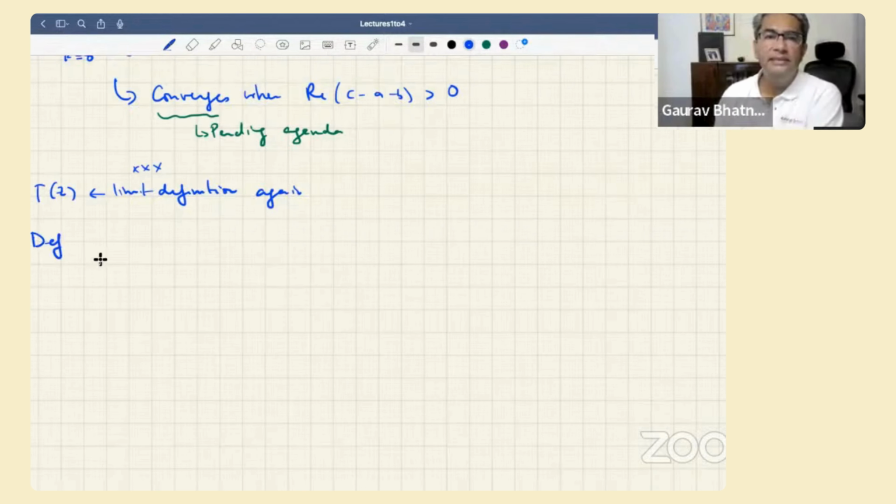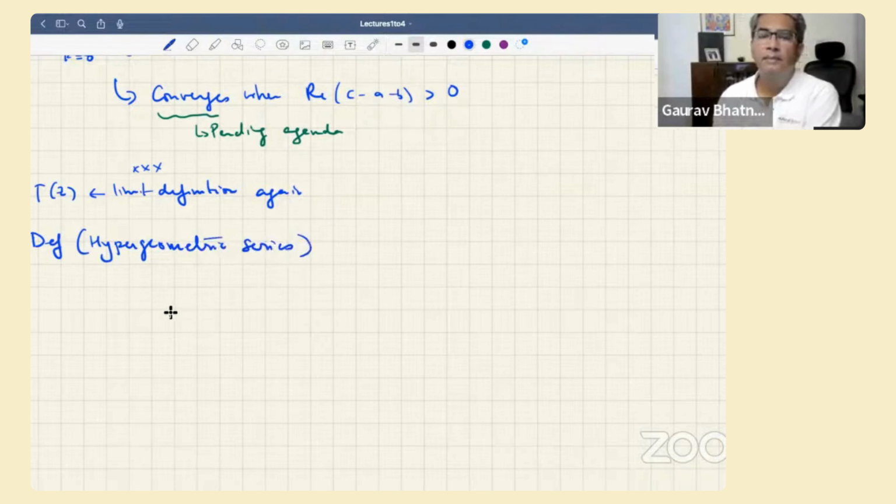And let me just define the hypergeometric series as follows. So rFs, similar one, r numerator parameters, s denominator parameters.